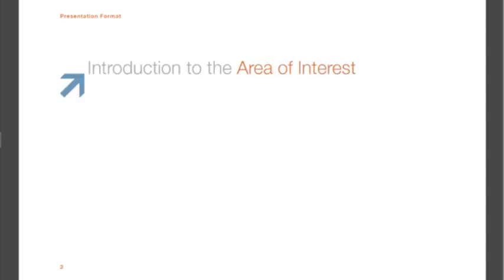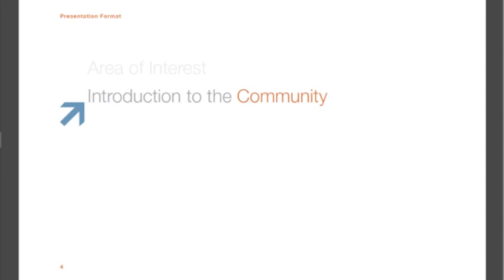Let me first begin by going over the presentation format. This is just the areas we're going to look at in the presentation. First, I'll introduce you to the area that I'm interested in talking about. This will give you a research overview and question overview for where I'm at with my current interests. Next, I'll be looking at the community that I'm interested in talking to.